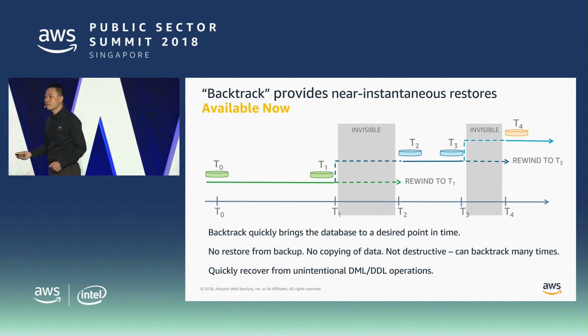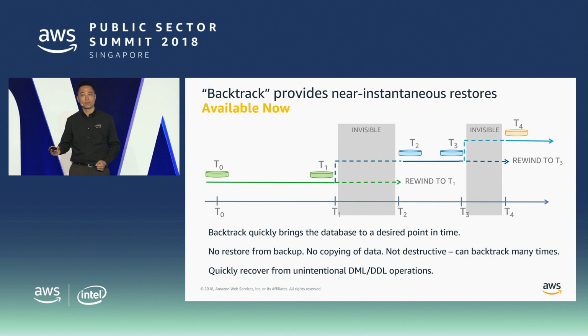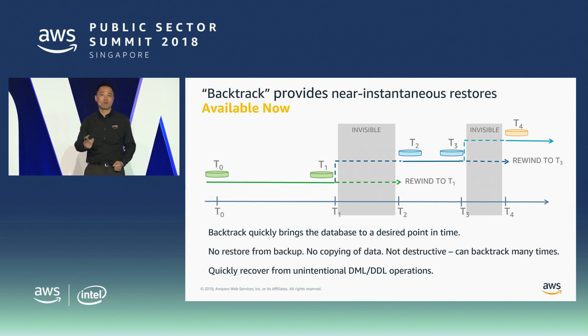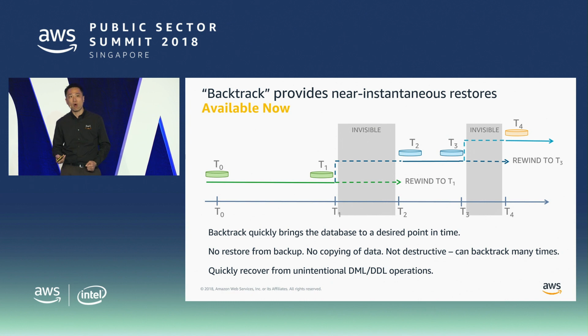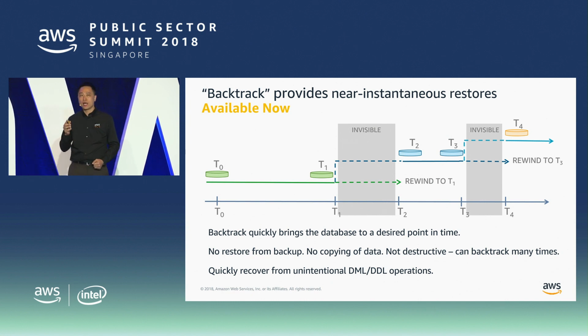In those situations, what you need to do is restore from the backup. If you are lucky, you do the daily backup, and you are able to restore from midnight yesterday, but you will have some data loss, right? So Backtrack is a feature that allows you to go back to any time you want in the past.